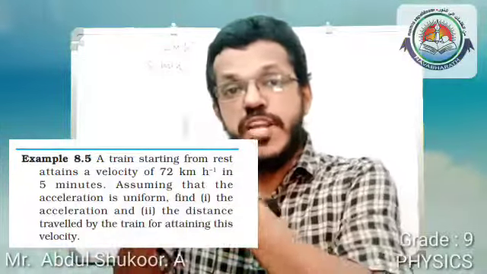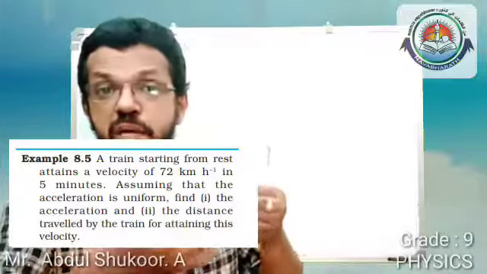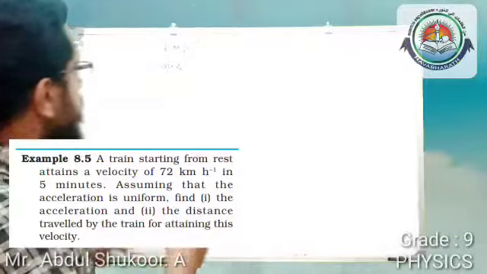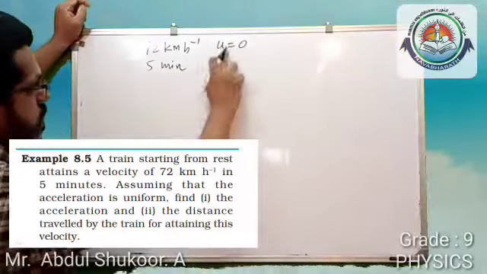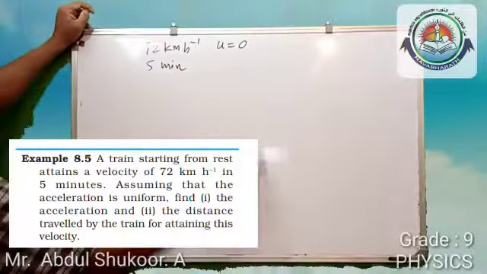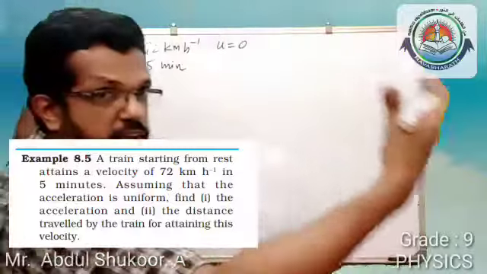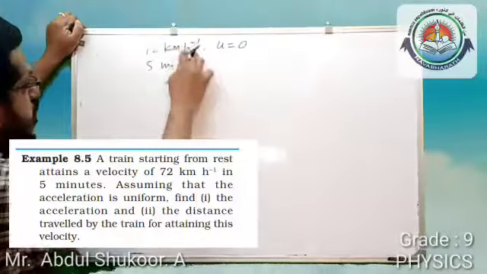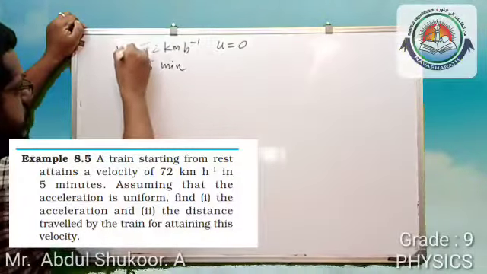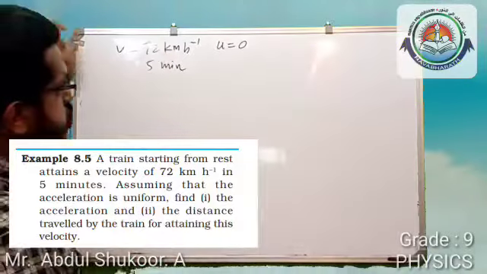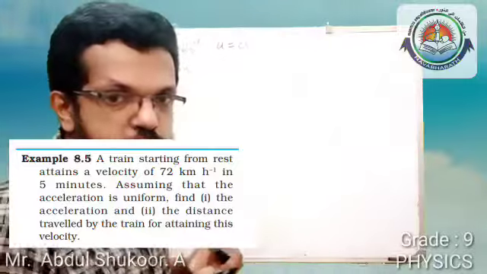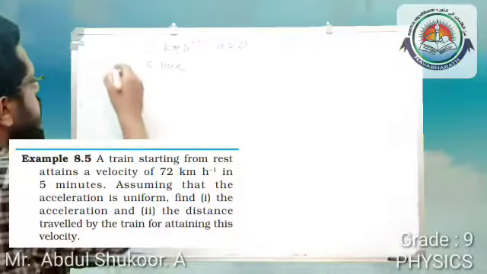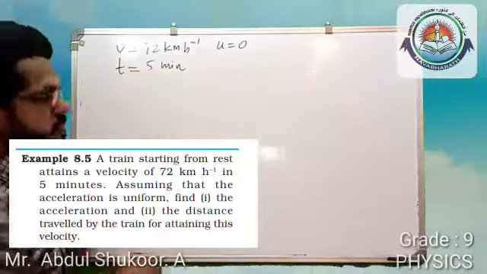A train starting from rest means the initial velocity is 0, that is u is equal to 0. Then it attains a velocity of 72 km per hour, that is the final velocity v is equal to 72 km per hour. The time to attain this velocity is 5 minutes, that is t is equal to 5 minutes.